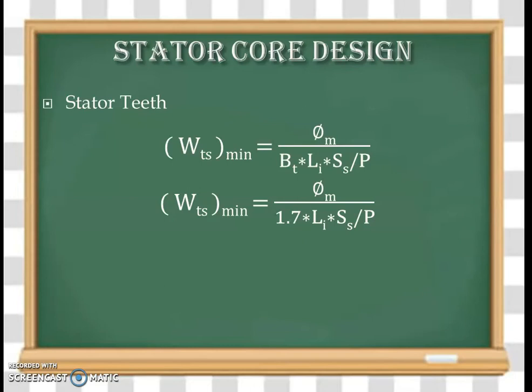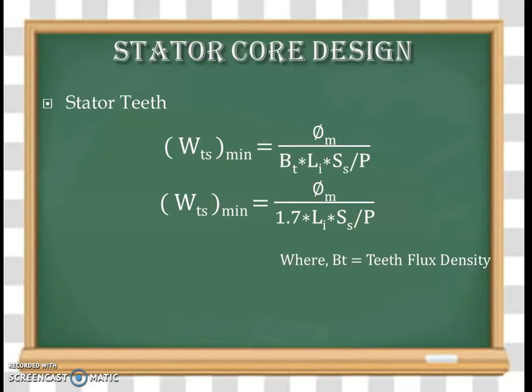So as shown in the equation, we have maximum flux divided by flux density and area. So area, that is depth and width. So we have to select width. The depth we have taken, that is the length of teeth.